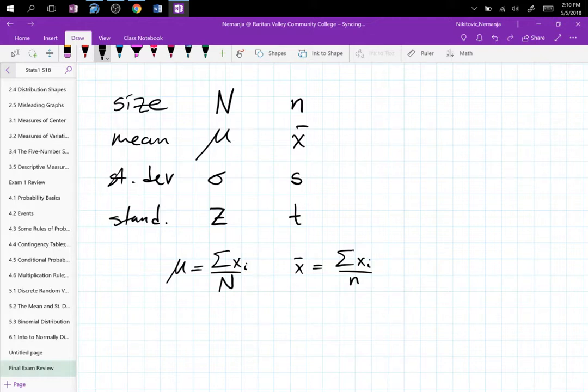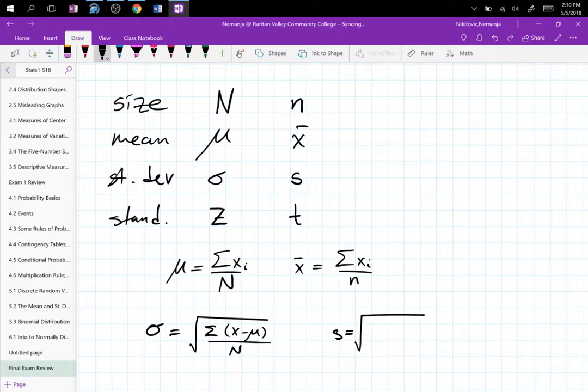But for sigma, it was the square root of the summation of x minus mu squared divided by capital N, whereas for s we had to use n minus 1. So the summation of x minus x bar squared divided by n minus 1.